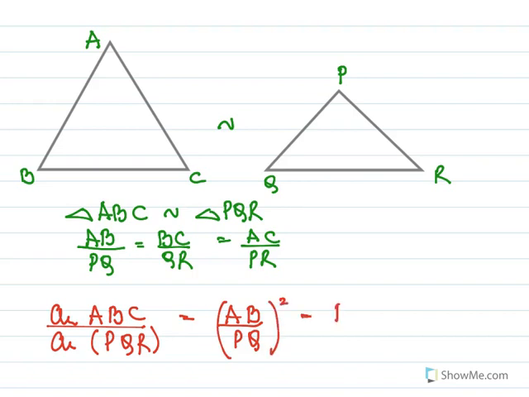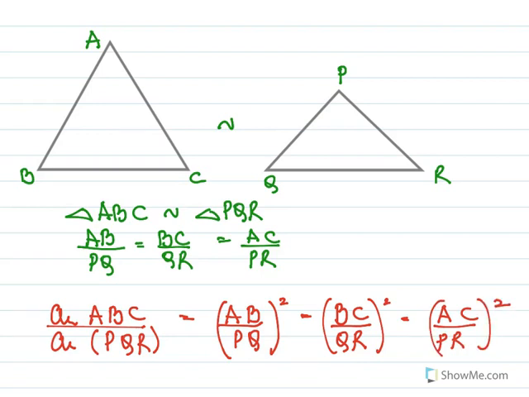It will also be equal to BC over QR the whole square, equal to AC over PR the whole square. So here we see that the ratio of the areas is equal to the ratio of the squares of their proportional sides. This is the property we are going to use in this exercise.